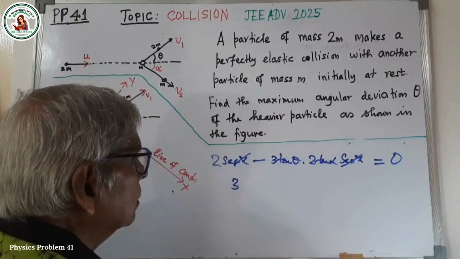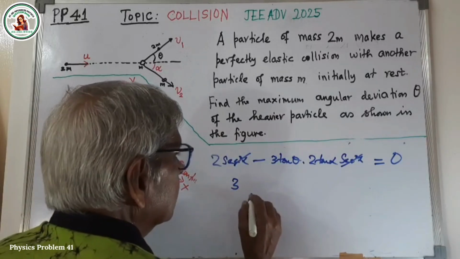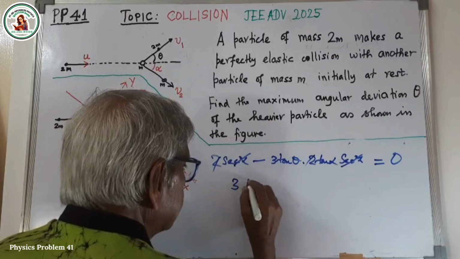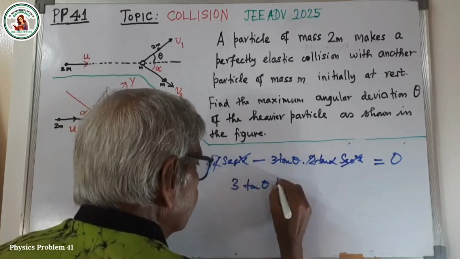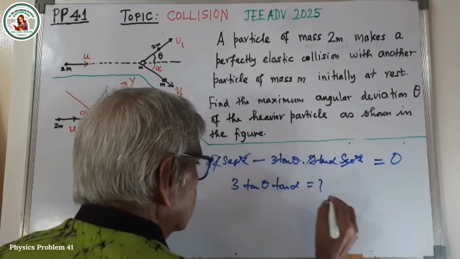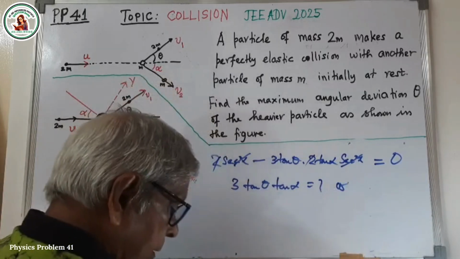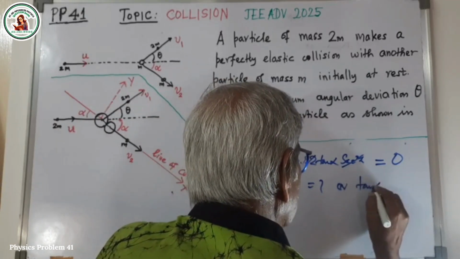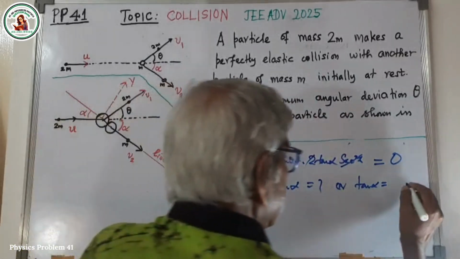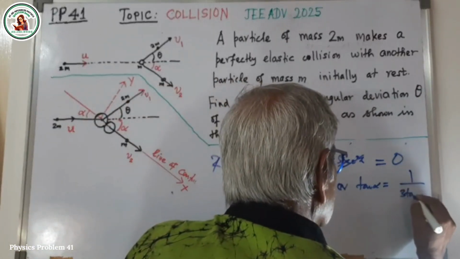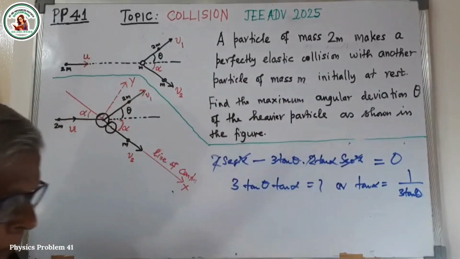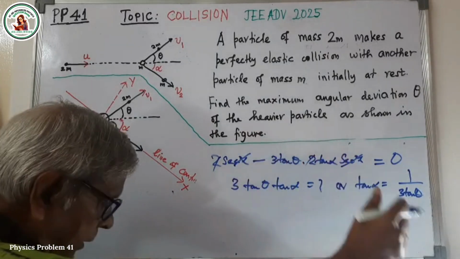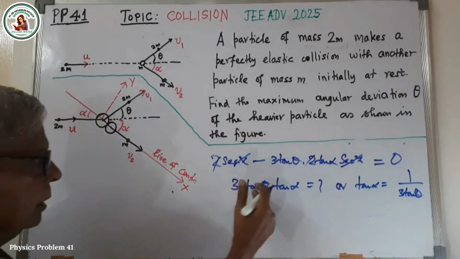So from this, what you get is, secant square alpha you can cancel. So 3 tan theta tan alpha becomes equal to 1, or tan alpha equals 1 by 3 tan theta. Now we substitute in our previous equation where theta and alpha are involved.